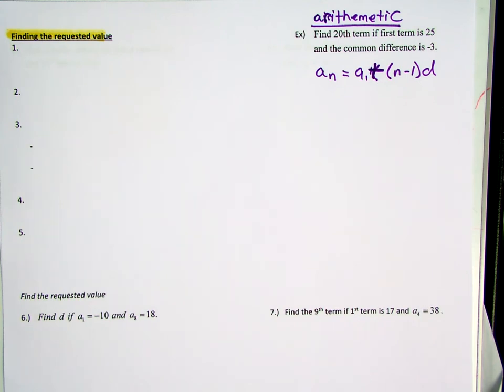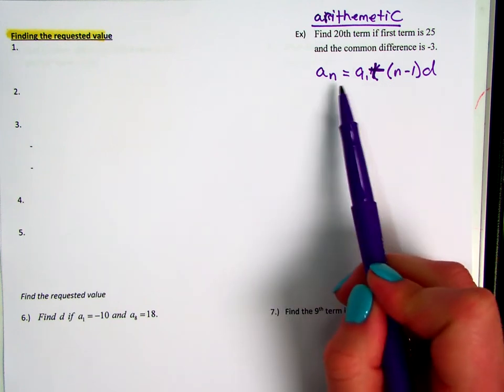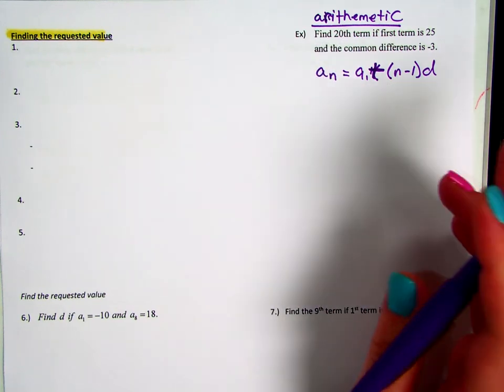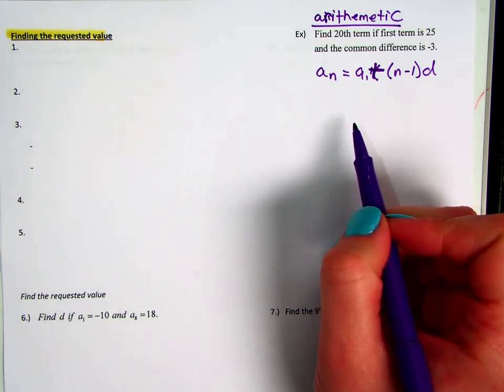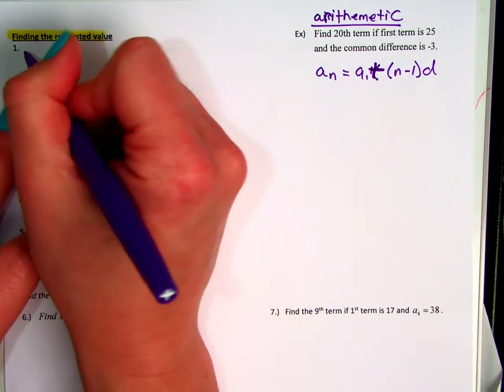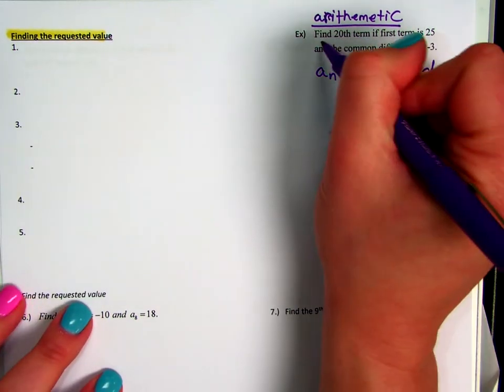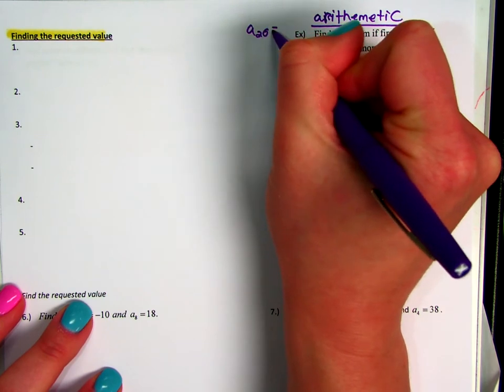As soon as I see it's an arithmetic sequence, if I'm trying to find something out about it, I should be writing the equation for a specific term, especially since this is asking us to find a specific term. Then we need to identify the information and substitute it into here. Find the 20th term tells me a sub 20 is what I'm looking for.